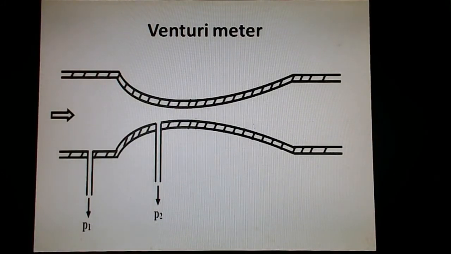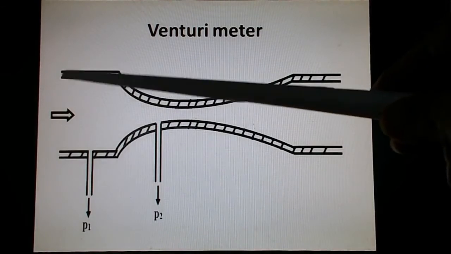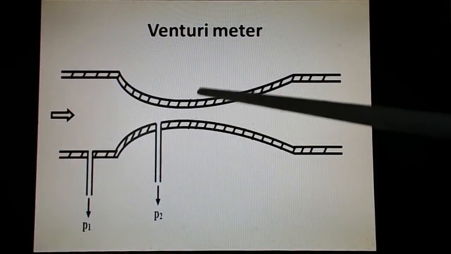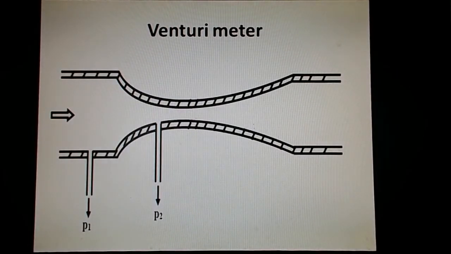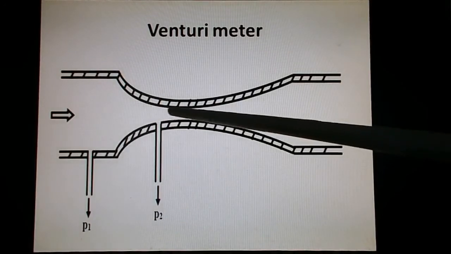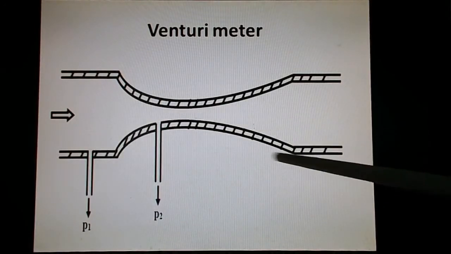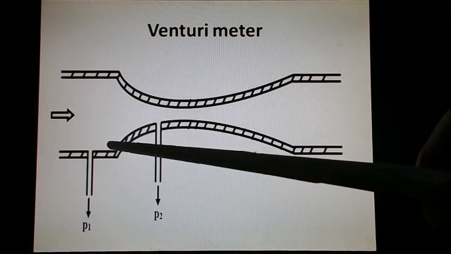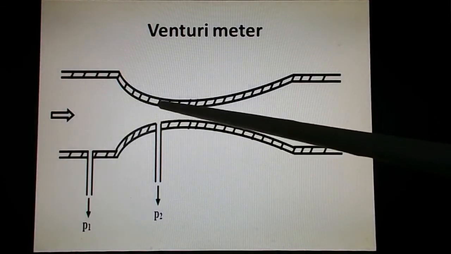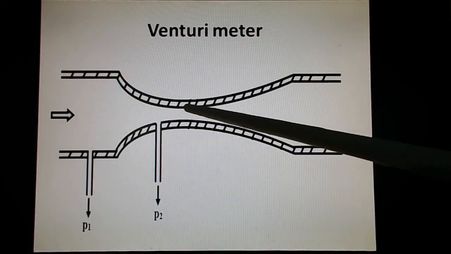Now another type of obstruction meter, that is Venturi meter. In Venturi meter, again there is a difference between the diameter of the pipeline and the diameter of the Venturi. But notice that there is a gradual change of path. So gradually it is changing the area of cross section through which the flow is to pass.